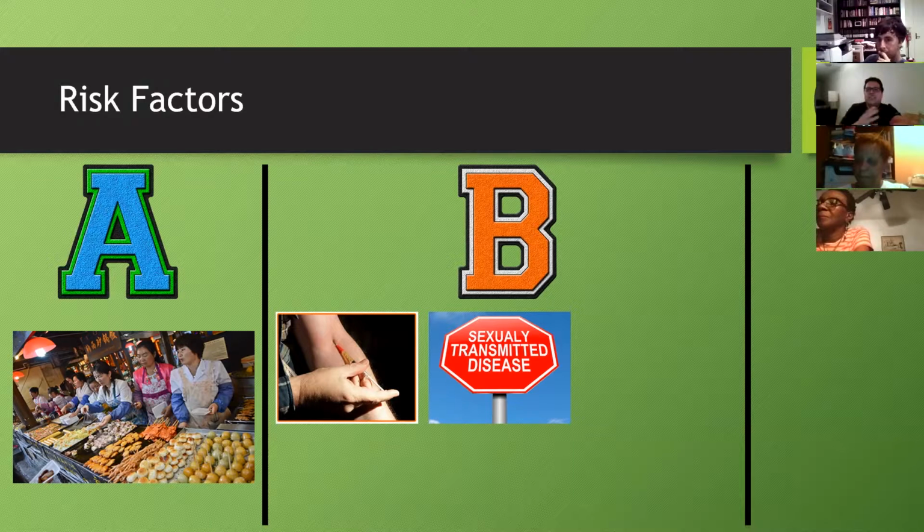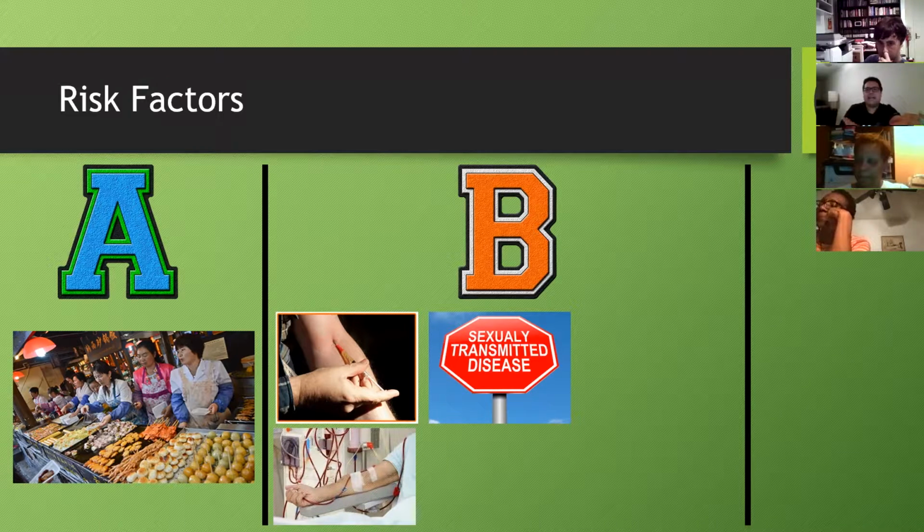If they share needles, they're going to share blood. They're going to get blood from someone else, so that's going to be a risk factor. Also, if you have a sexually transmitted disease, you have a high risk of having another one. So if you were ever diagnosed with one, no matter what you had, you should be tested for Hep B.